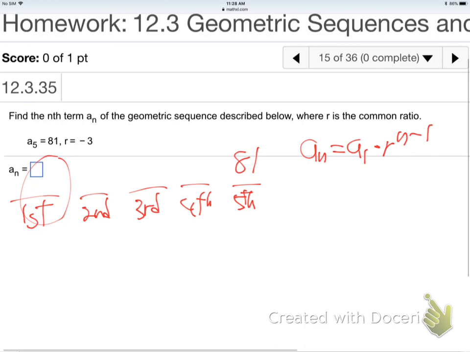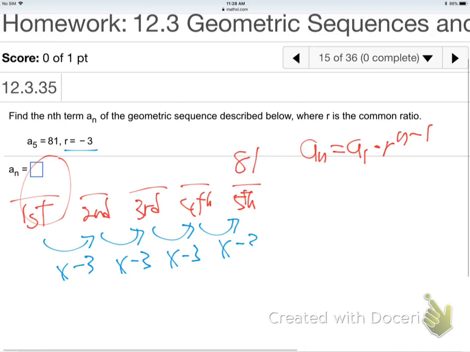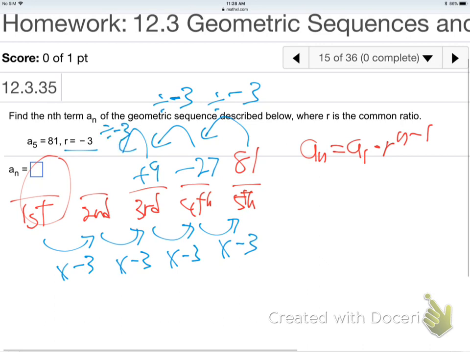Okay, so to find what goes there, that first term, I need to find that. So how do I do that? Well, they're saying the r is -3, which means they're going times -3 every time. So to do it backwards, you would divide by -3, right? So that would be what? -27, and then divide by -3, positive 9, and divide by -3, -3, and divide by -3, positive 1.